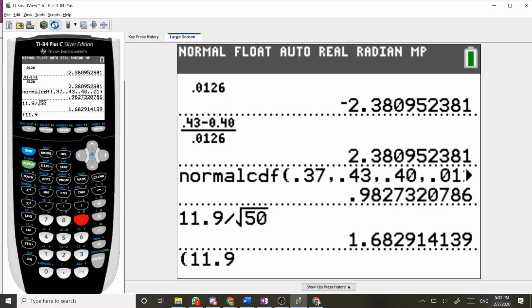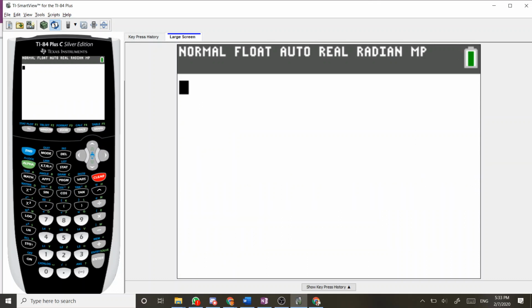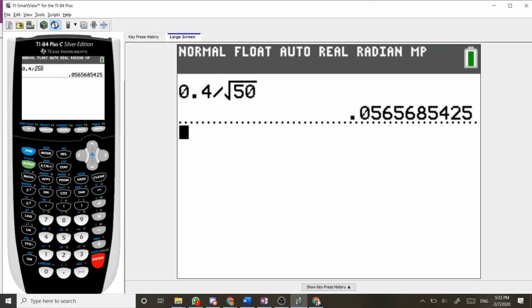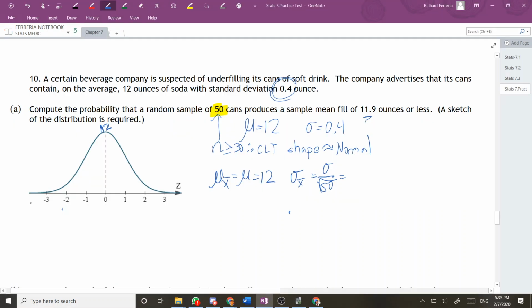Let's clear this out. This is getting really messy. 0.4 divided by the square root of 50. That's 0.057.